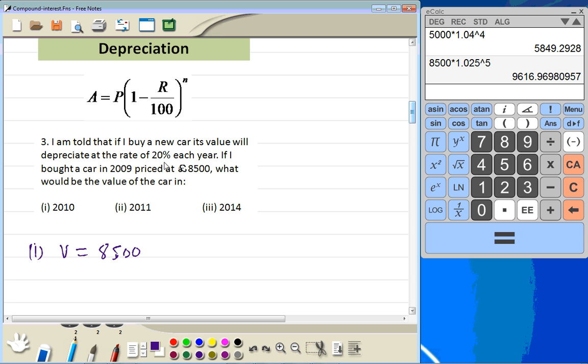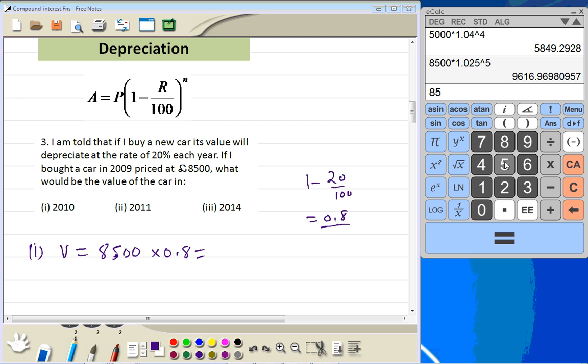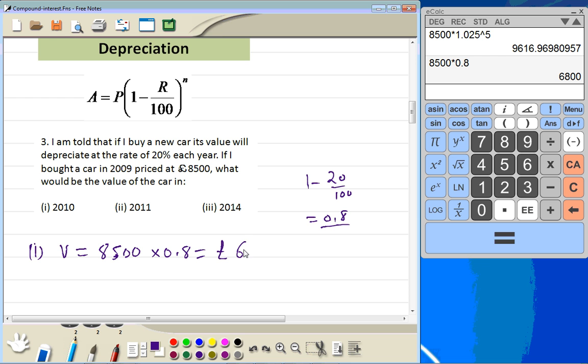Now this is 20%, so it's 1 minus 20 divided by 100, which is 0.8. So we just need to multiply this by 0.8. So 8500 times 0.8 equal, so its value is 6,800.